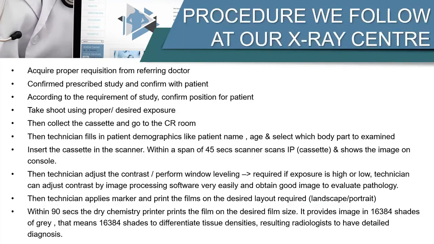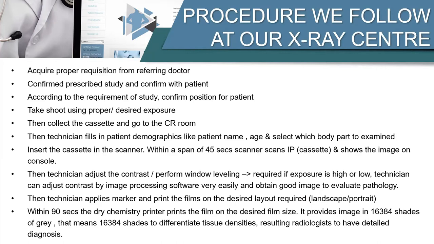At our center, the process begins when we receive the requisition from the patient, given by a referring doctor. Then we confirm the study, ask the patient about his history, and according to the requirement of the study, we take him to the X-ray room.